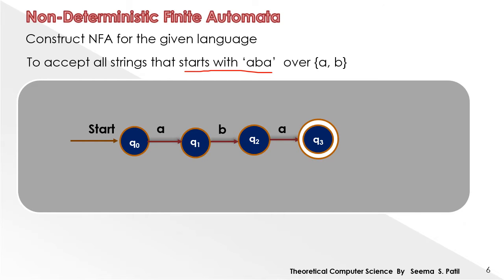In this diagram there are 4 states. q0 is the starting state and q3 is the final state. Here you will get the string that starts with aba. But at the end there can be any number of a's and b's, so you have to add a loop over state q3 in this way. This is the NFA for the given language, that is, to accept all strings that start with aba over {a, b}.